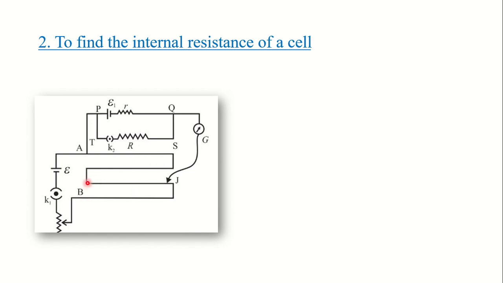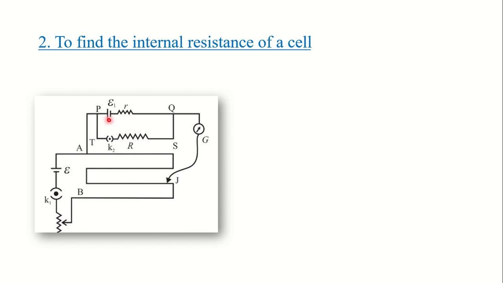All the previous two diagrams also, we had the same connection. Now, this cell E1 is the cell whose internal resistance is to be found out. So, that cell is connected and this small r represents the internal resistance of the cell. This is not some external resistance connected. Just for you to understand that resistance is shown here.